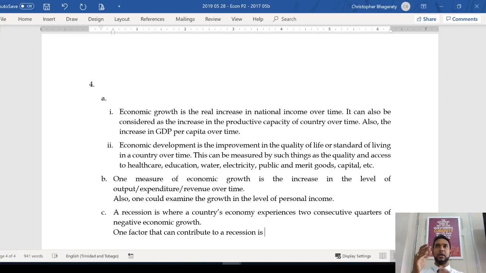So explain to me how an increase in unemployment could be a factor leading to a recession. If more people become unemployed, that means less overall production in the country, causing a decrease in economic growth.